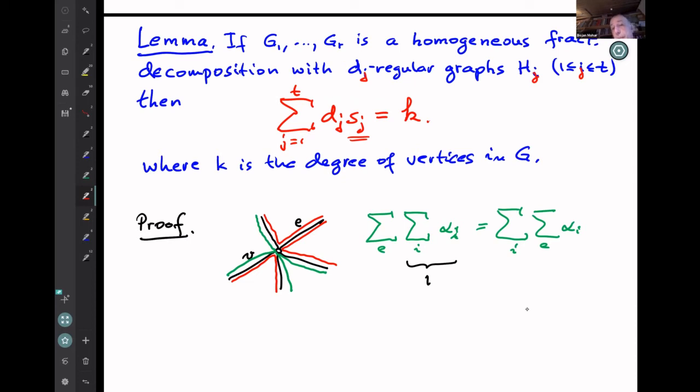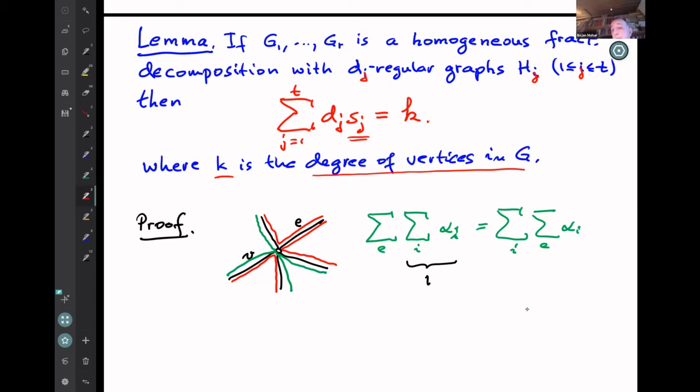It says that the degrees multiplied with these weight coefficients sum up to the degree of the vertices in G. So K is the sum of the degrees of the vertices in G. A proof of this fact is just a simple double counting and using the definition. So you use that this sum of alphas for each edge is equal to 1.